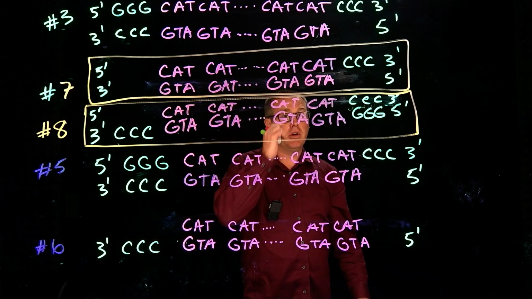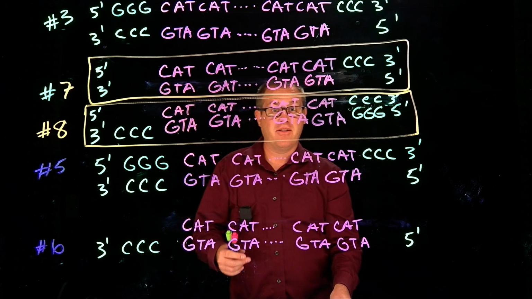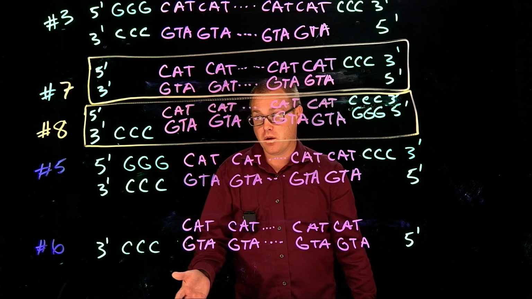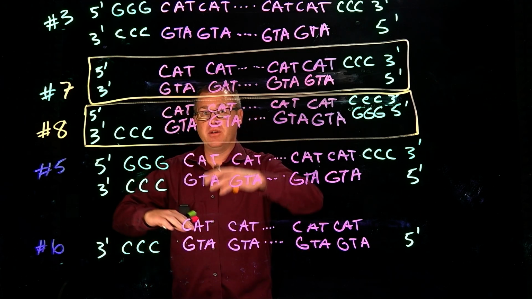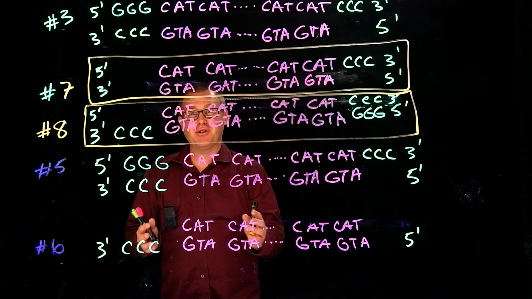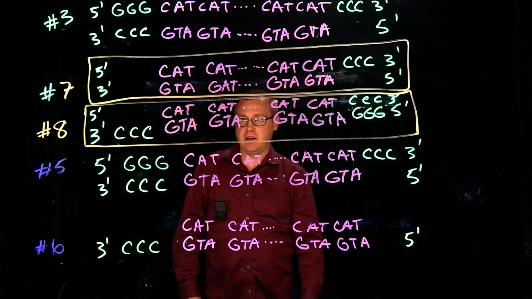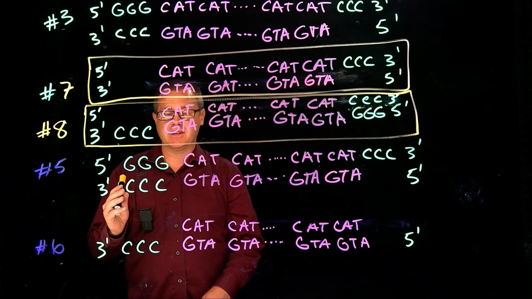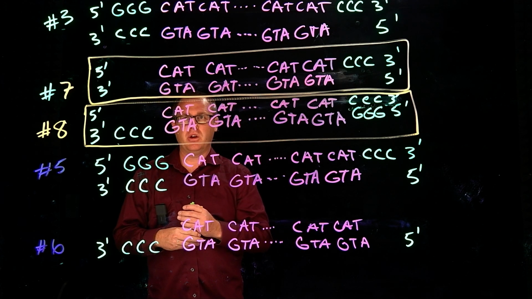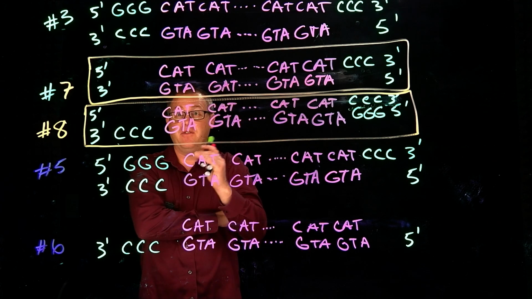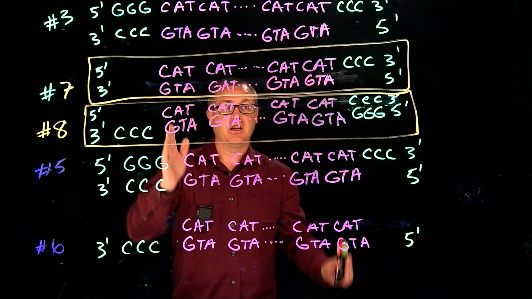So now when you do the next round of PCR, you're going to have molecule 3, 4, 5, 6, 7, and 8, all going to be denatured. Primer's going to add, and you do it over and over again. But I'm going to just focus on maybe 1 or 2 of these molecules here, so you can see that we are going to eventually get to some DNA that just has pink.